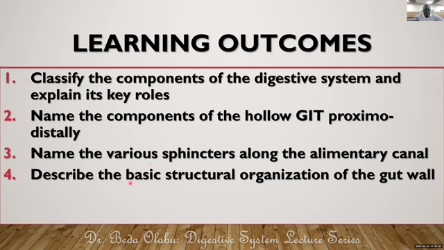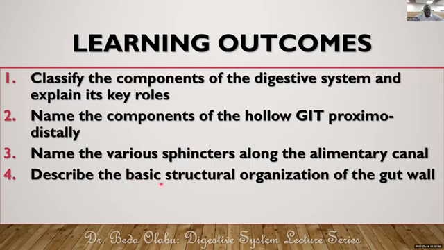After that, we'll look deeply into the structural organization of the GIT wall, basically focusing on the histological structure of the wall of the digestive system. Now, those 4 are basically general concepts that will be applying to a number of things.